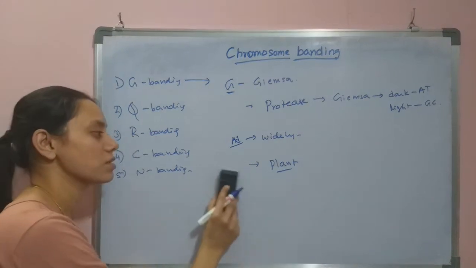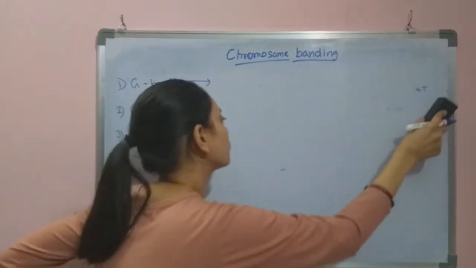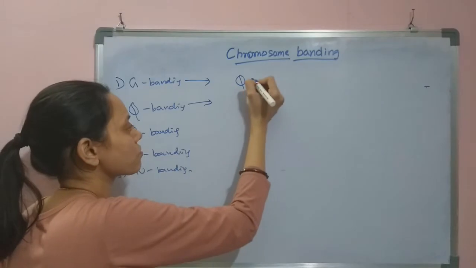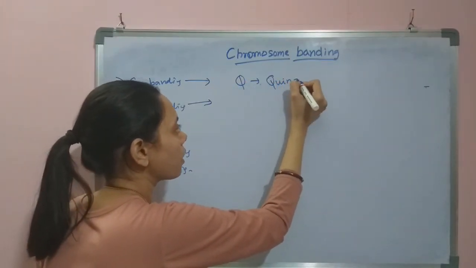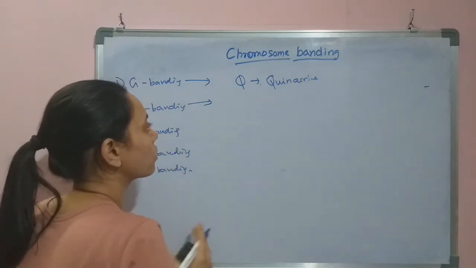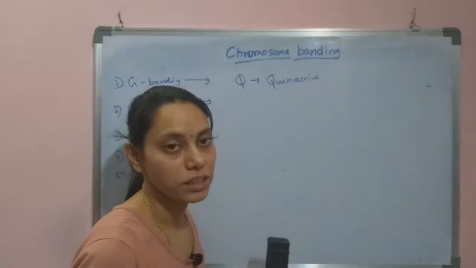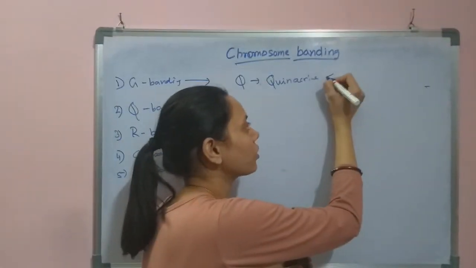Coming to the next type of banding technique, that is Q banding. Here Q stands for quinacrine, which is the fluorescent dye employed in Q banding. It has two forms.